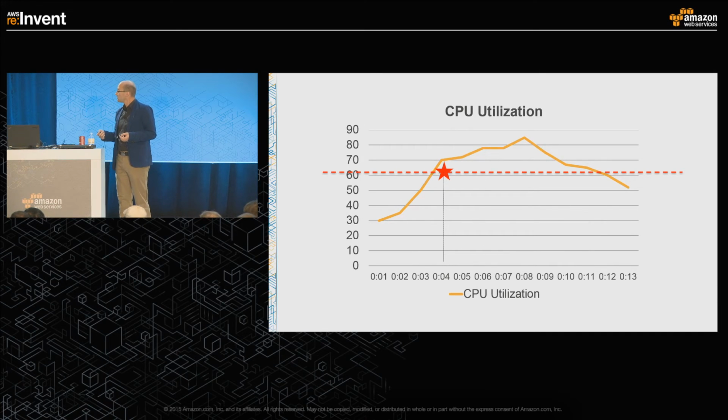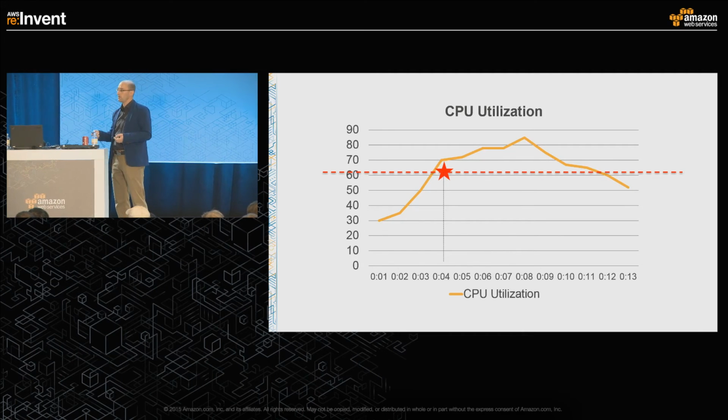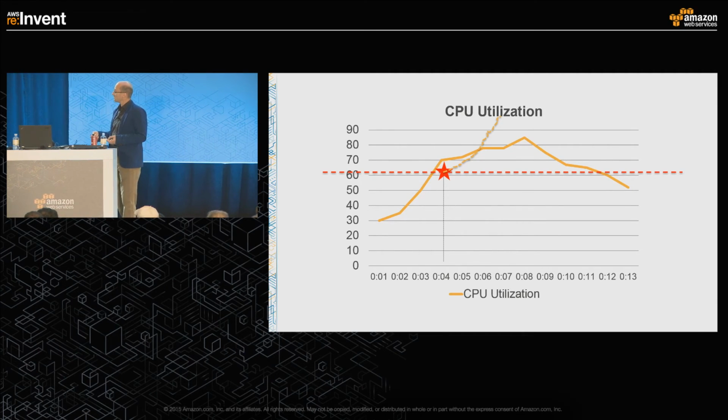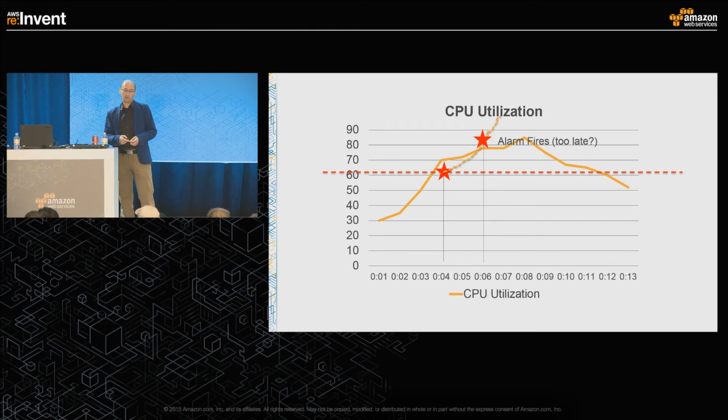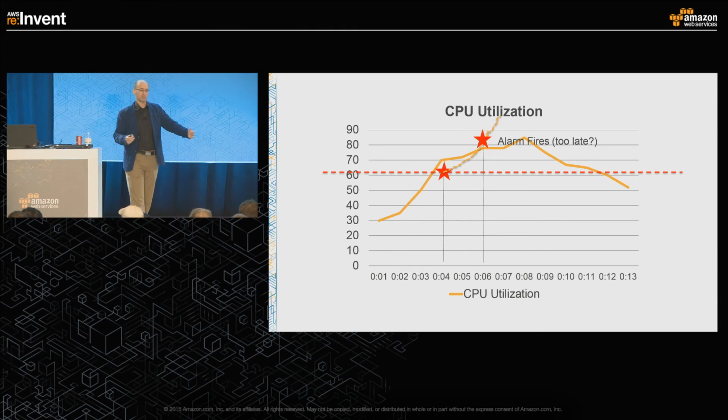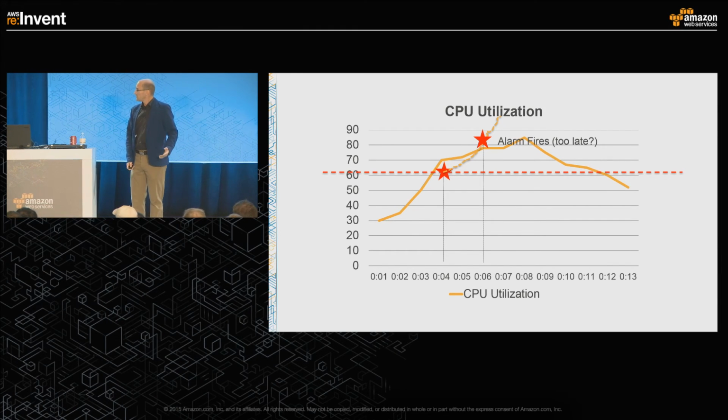And it could be worse, because there are cases where maybe it doesn't work out as nicely, right? You bring the capacity online in time, but utilization goes through the roof. And if we actually looked at when this alarm would have fired, 2 minutes later, because we evaluate everything for 2 minutes, it might have been way too late.